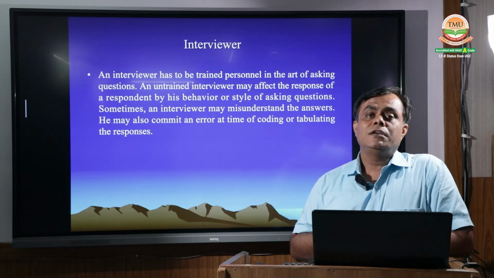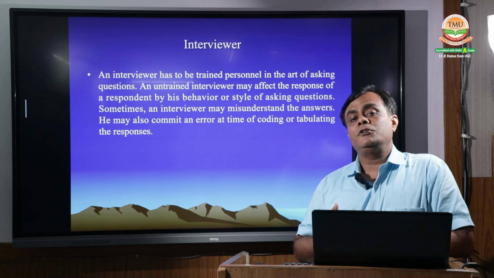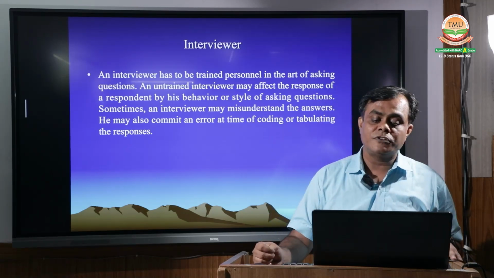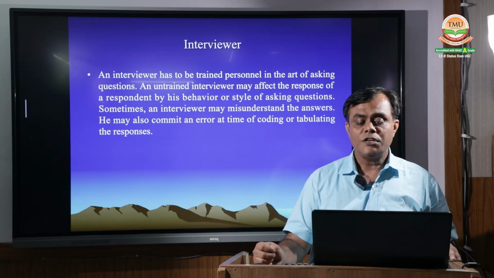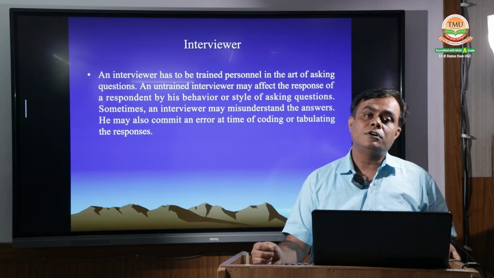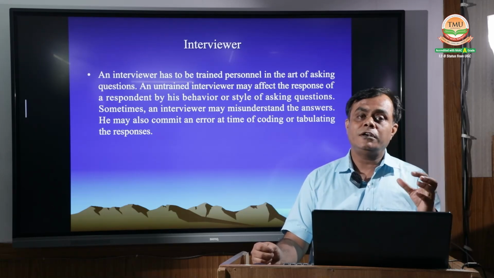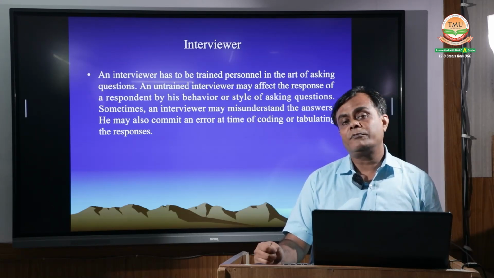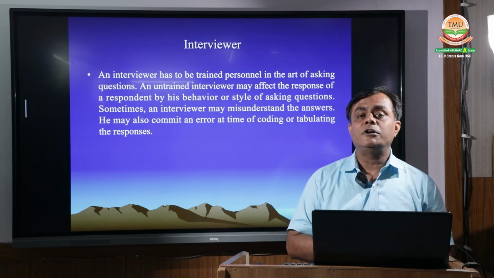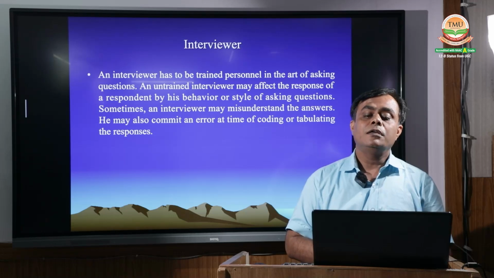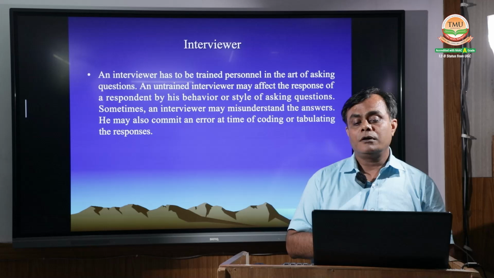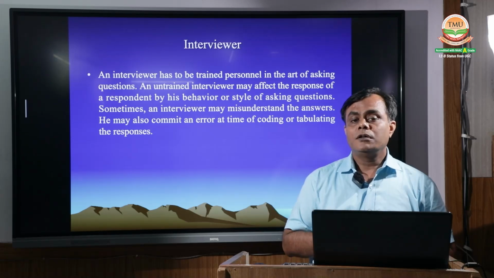In that situation the respondent gives incorrect or improper information to the interviewer. Sometimes the interviewer may misunderstand the answer. It is also possible that the respondent responds in a very proper manner to a particular question, but the interviewer is not able to understand it in a better manner, and due to that reason error comes into the research.